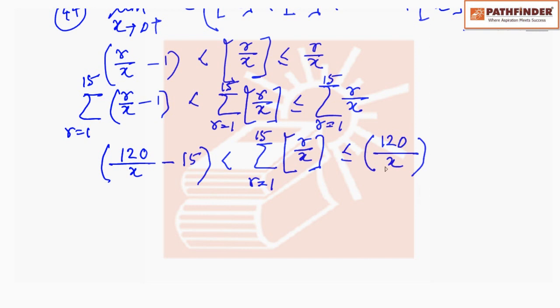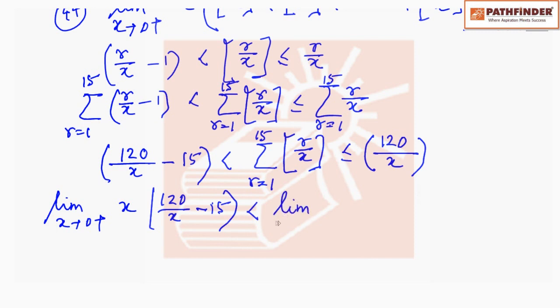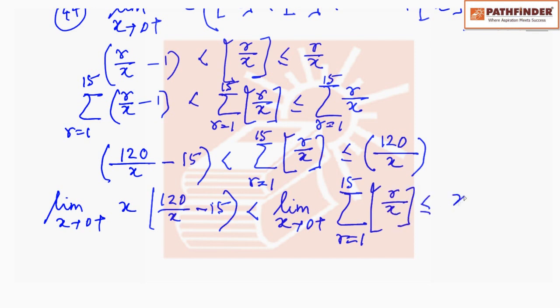If you multiply all sides with x, then limit x tends to 0 plus of x into 120 by x minus 15 is less than limit x tends to 0 plus of x times the summation of r equal to 1 to 15 of box of r by x, less than or equal to x into 120 by x. Here also the limit is there.